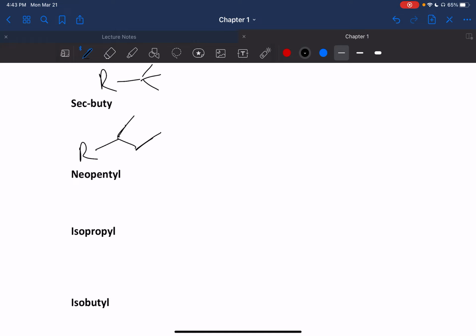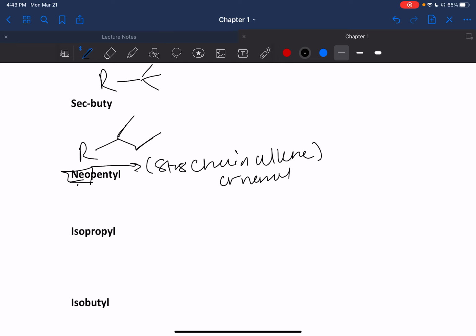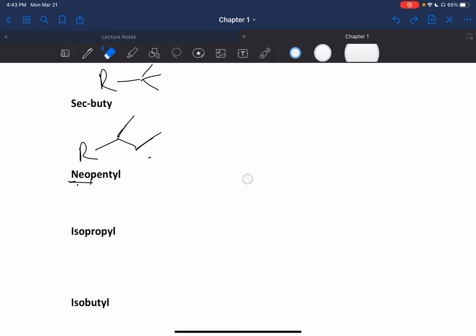Then we have neopentyl. Whenever you see something with n, that refers to a straight chain alkane, or normal. Oh, I'm sorry, not neo. That refers to n. We'll look at that in a second.